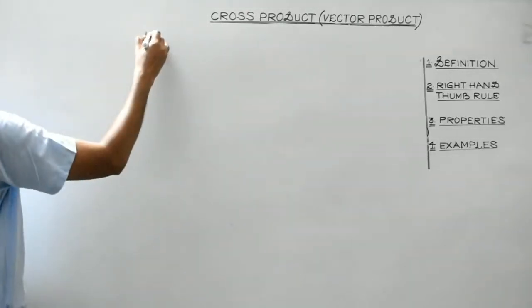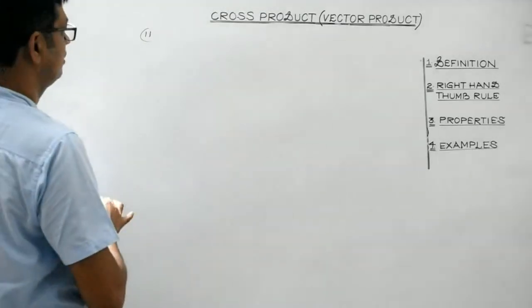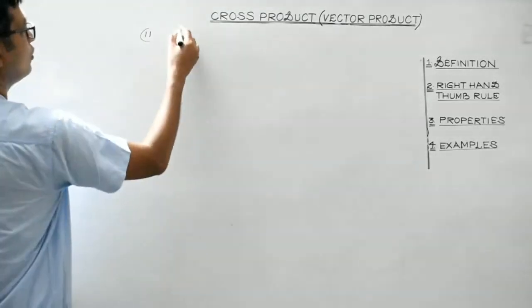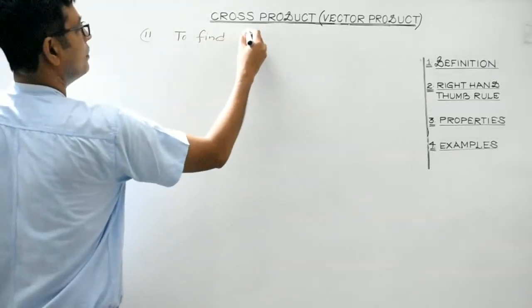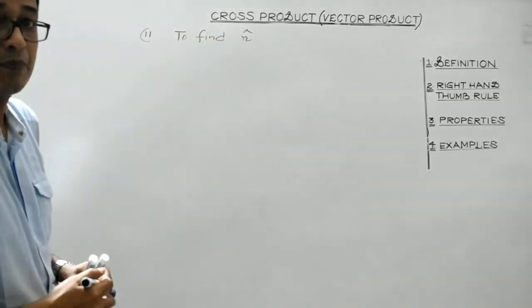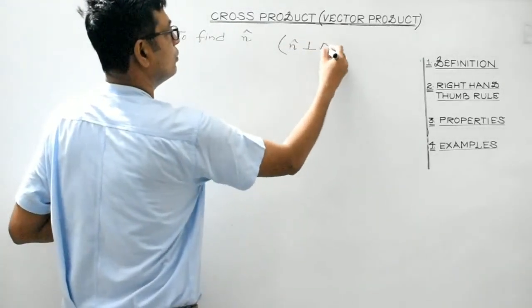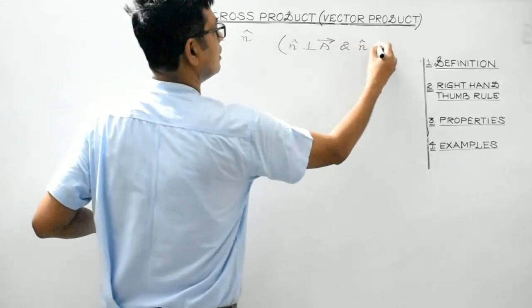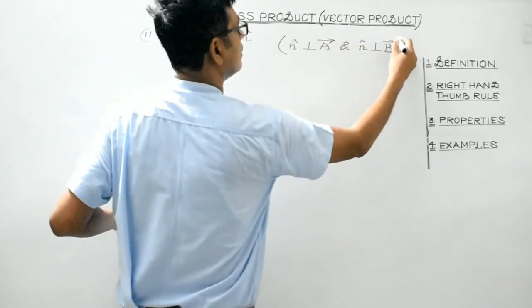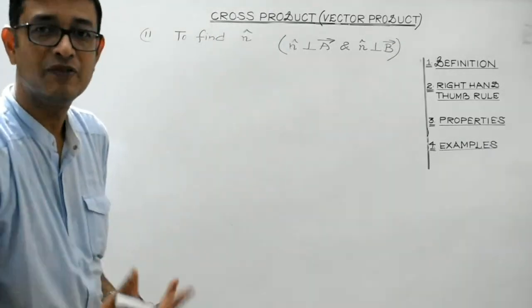So the 11th point is to find n cap. n cap is perpendicular to both A vector as well as B vector. Now here we have to make use of the properties of the vector product.